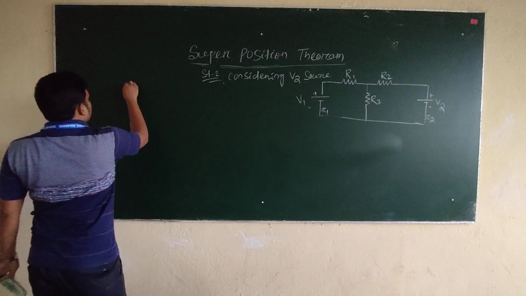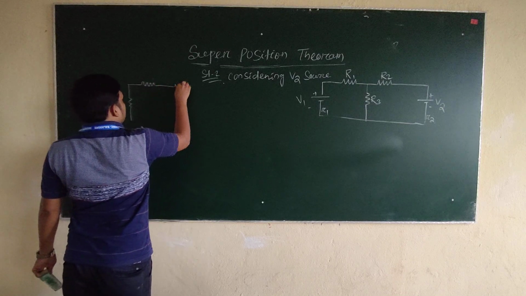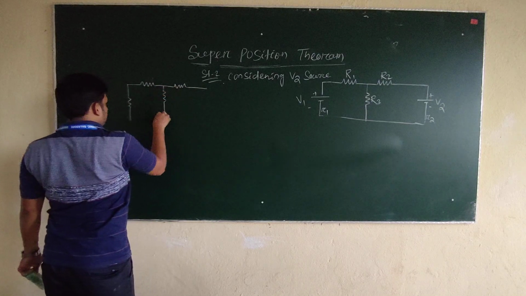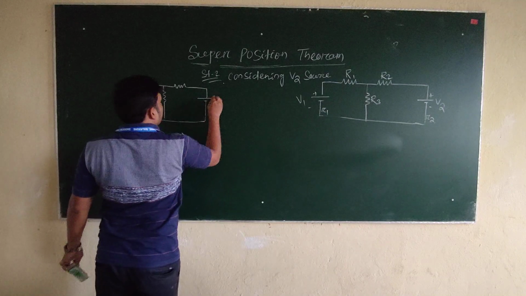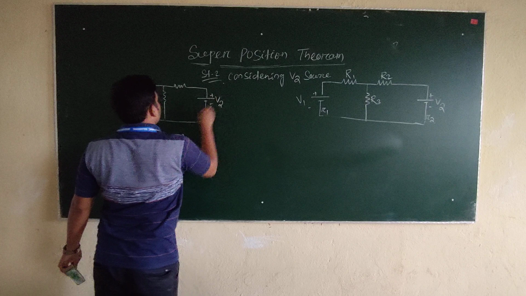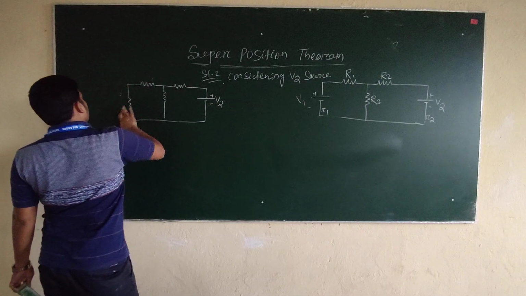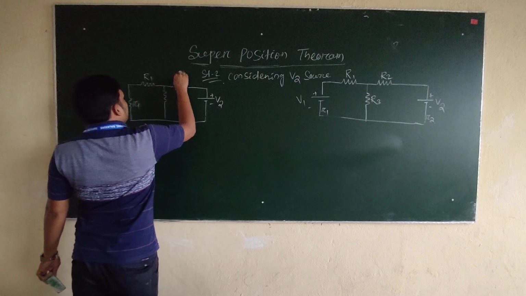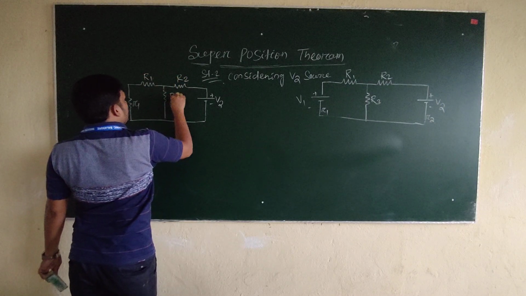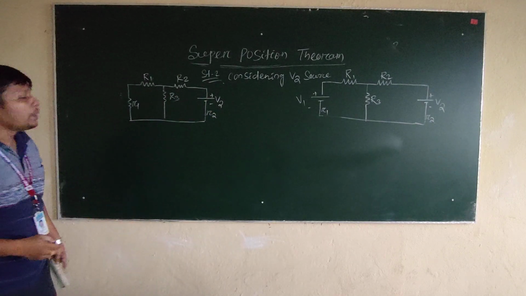Now this circuit looks like this. This is V2, this is small r1, R1, R2, R3, and this is r2, the internal resistance of source V2.